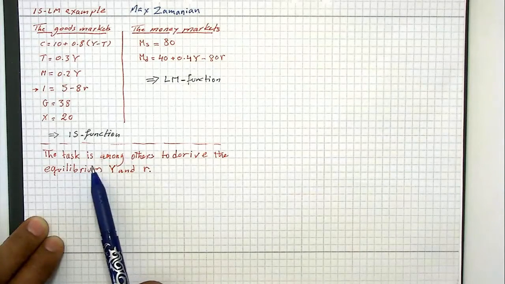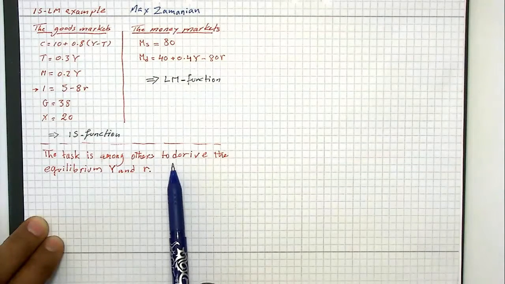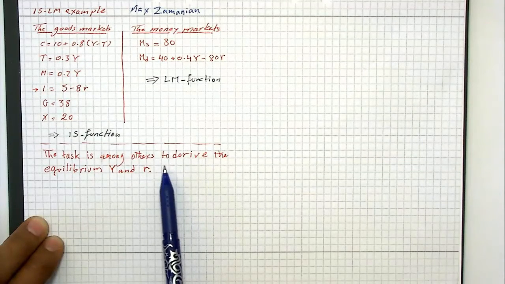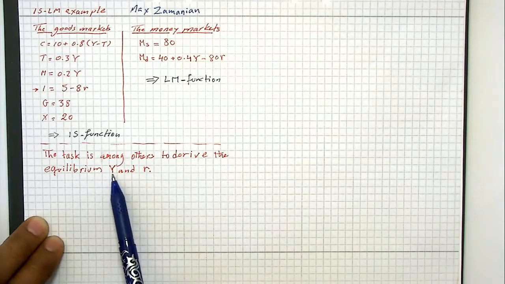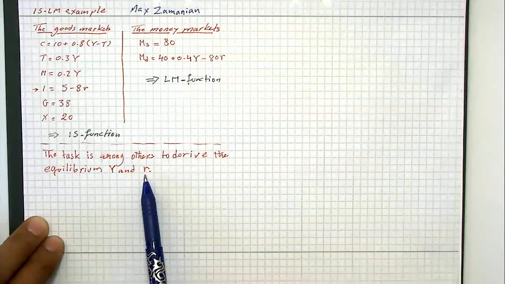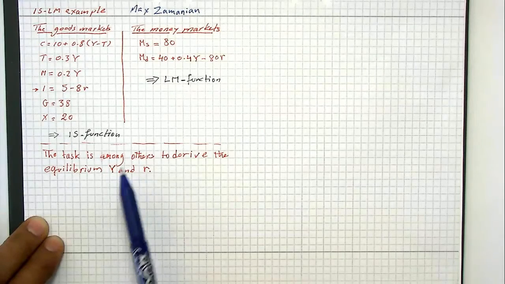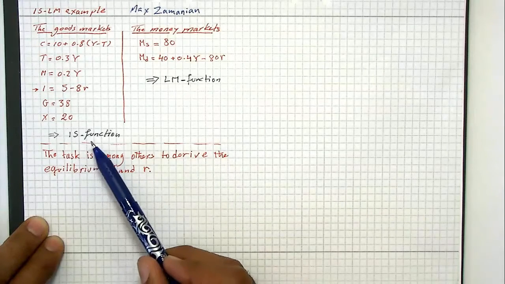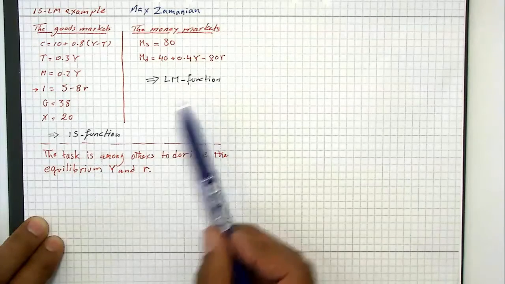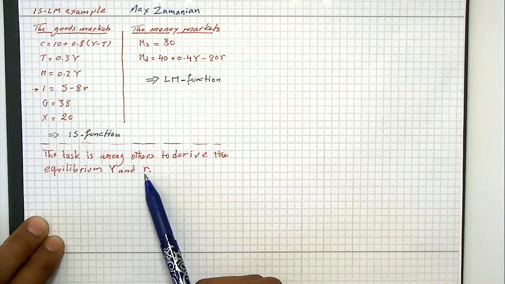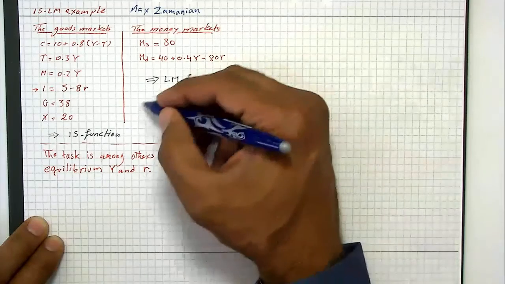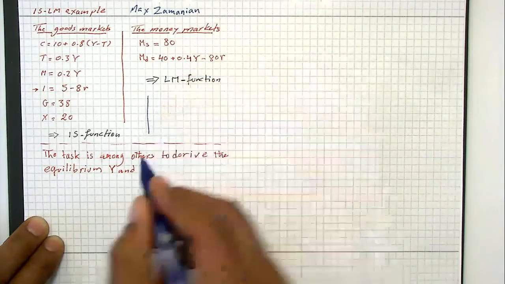The task normally is like this. Among other things, the task is to derive the equilibrium national income, which is Y, and the equilibrium interest rate. That means when the goods market and money market are both in equilibrium, you are going to get equilibrium Y and equilibrium interest rate. The graph could be like this.